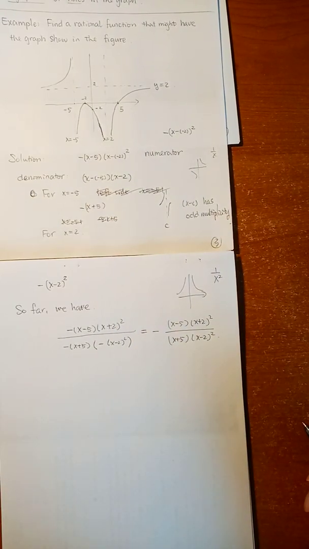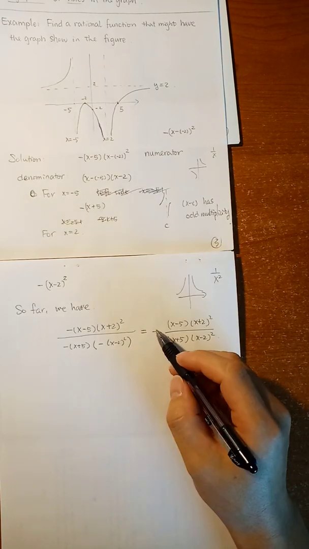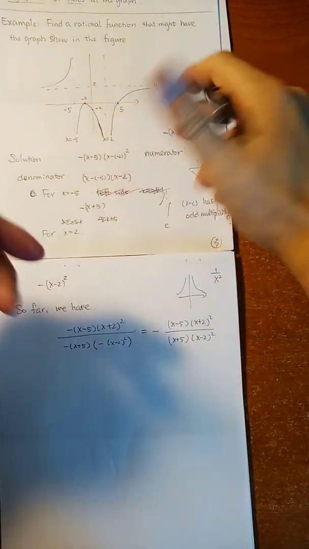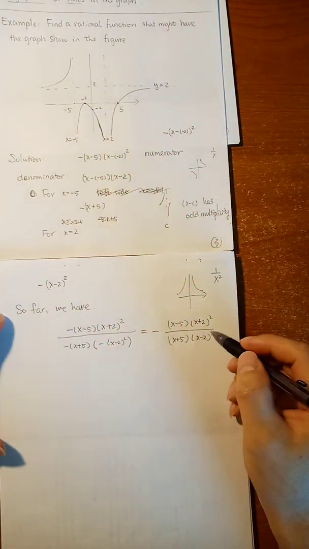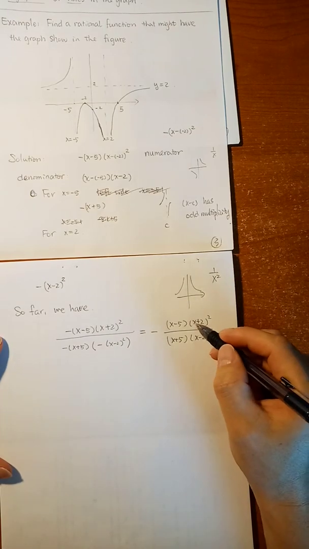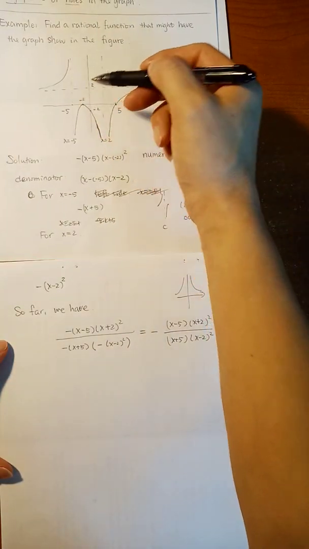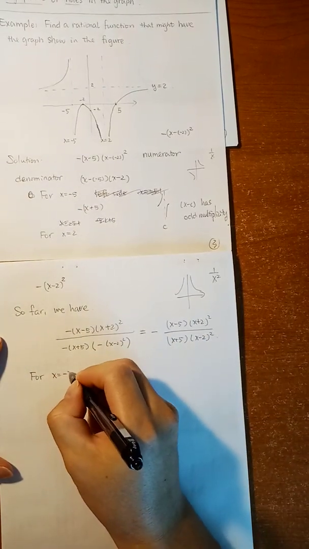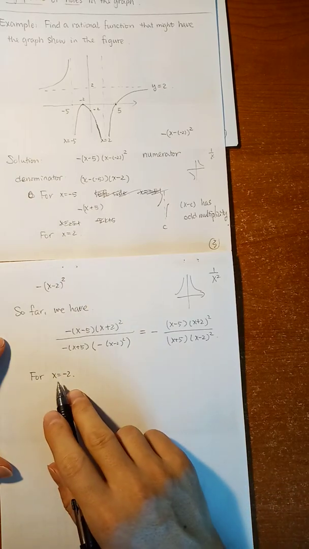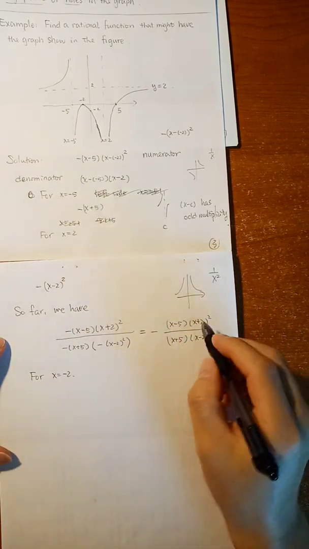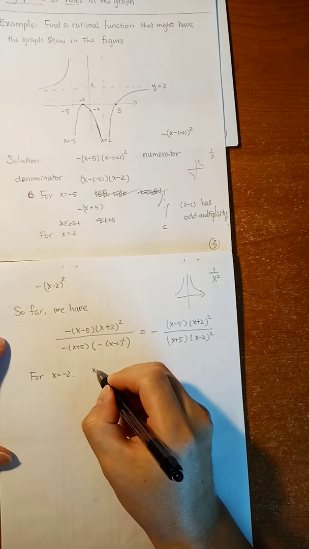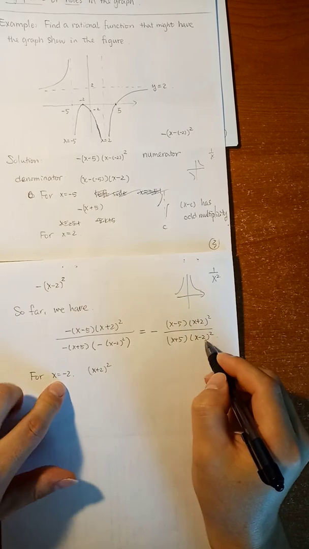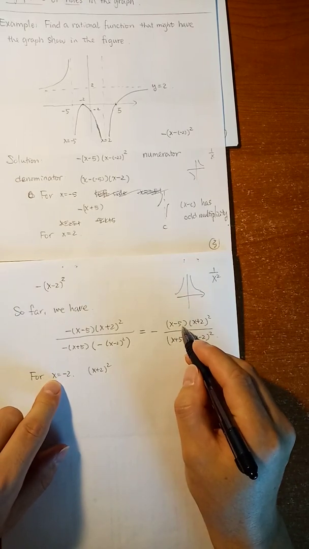Okay, and the thing is that we have to really know whether this one is this direction or flip it. We add a negative sign, so you just pick one point, for example, negative 2. For x equal to negative 2, close to it, let's check the values. On x is negative 2, you keep this x plus 2 squared, and whenever you have other factors, you replace x by negative 2.